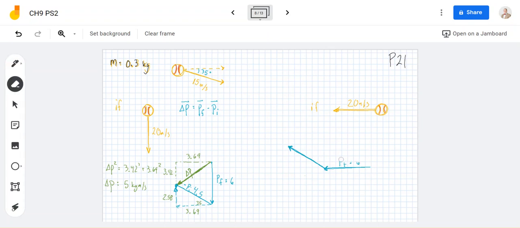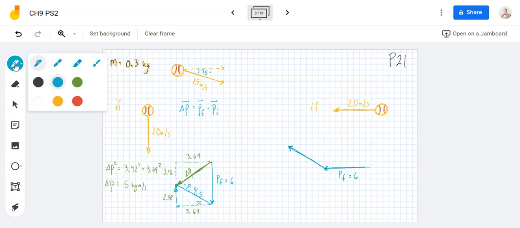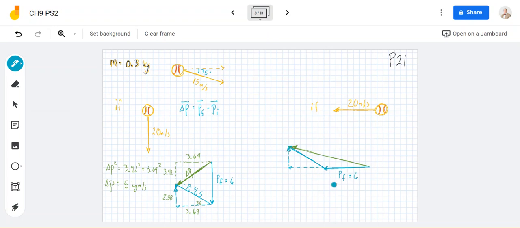So when you draw that, let me get rid of this thing here, put it on the bottom. So again, this is the same, so it's to the right and up. 3.69, 2.58.